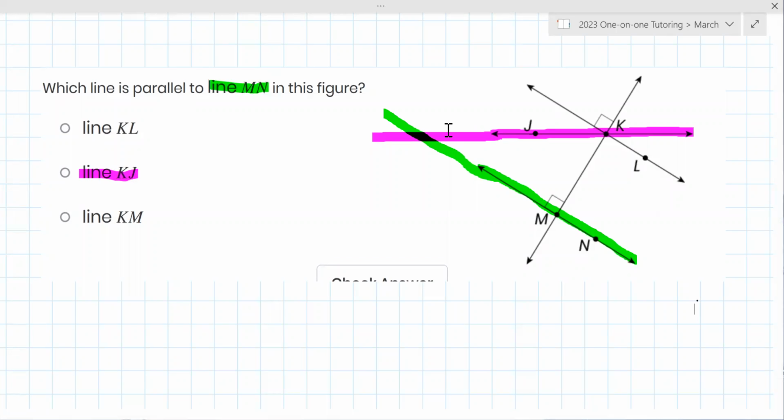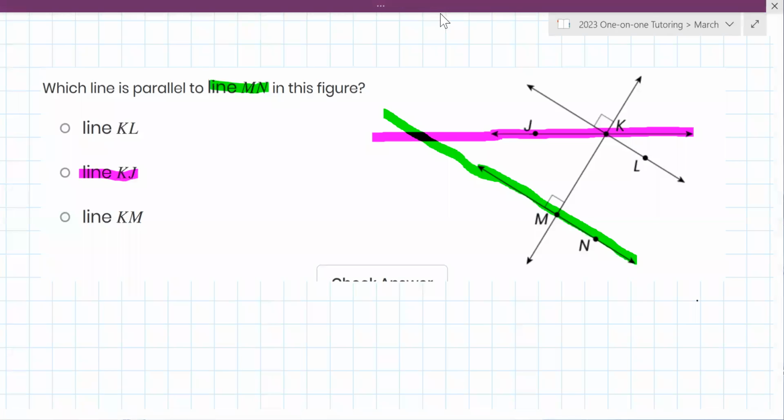Which two lines never intersect? L and K. Let's take a look.